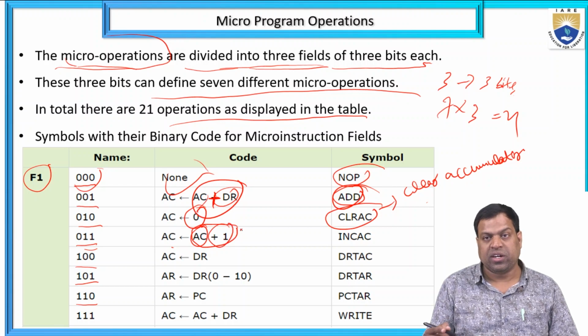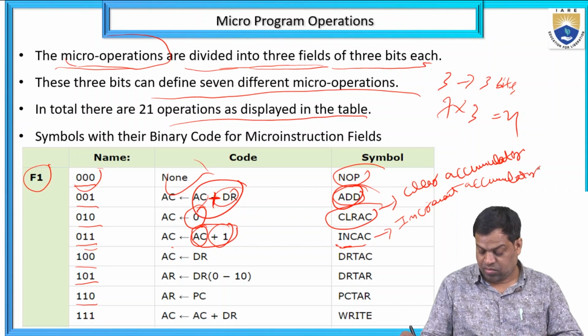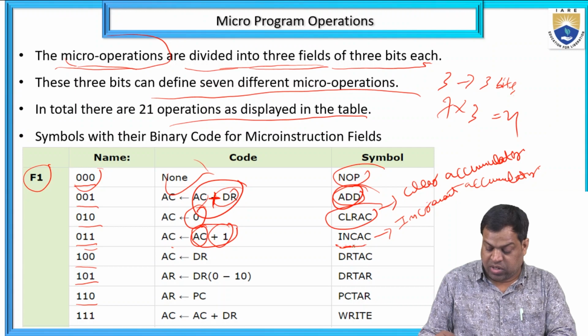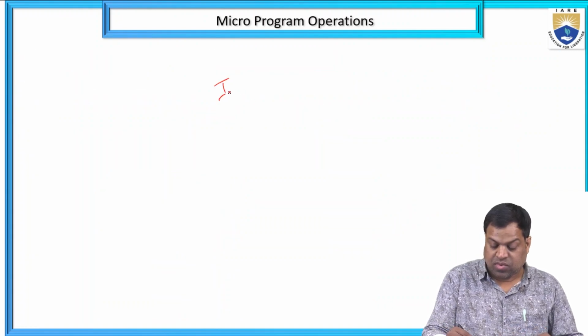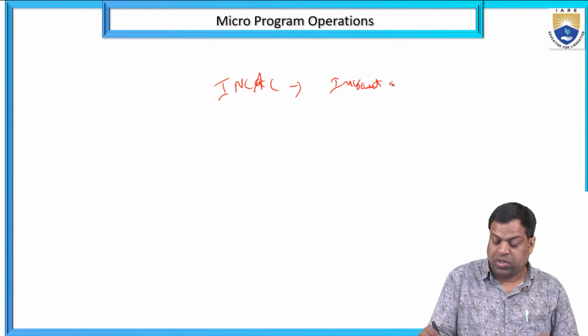How much is incremented? 1 is incremented. So it means increment accumulator, INC AC.